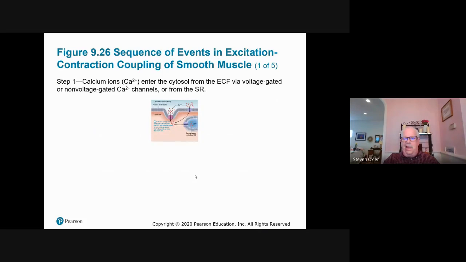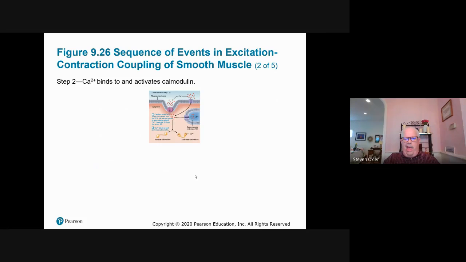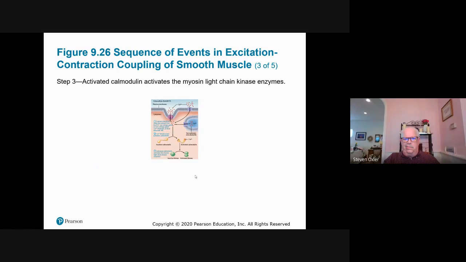And this is the sequence. Calcium ions enter the cytosol from outside of the cell or from the sarcoplasmic reticulum. Calcium binds and activates calmodulin, which is the protein in smooth muscle. Only in smooth muscle. It doesn't occur in any other muscle.